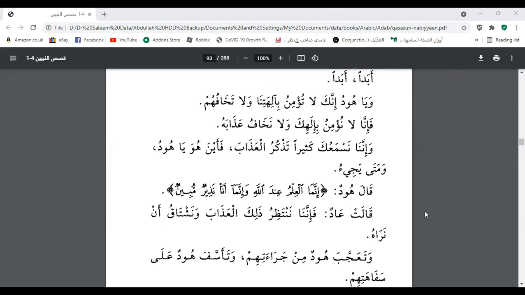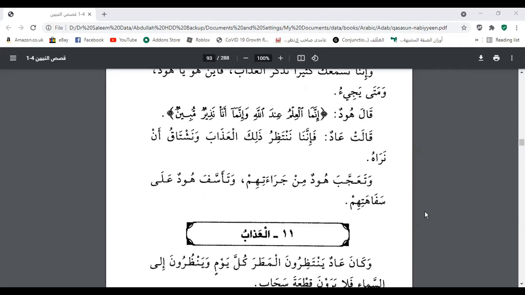The knowledge of that particular matter, the day of judgment, the day of punishment, is with Allah subhanahu wa ta'ala. وإنما أنا نذير مبين, and I'm only a warner, an open warner. قالت عاد, Ad said, فإننا ننتظر ذلك.